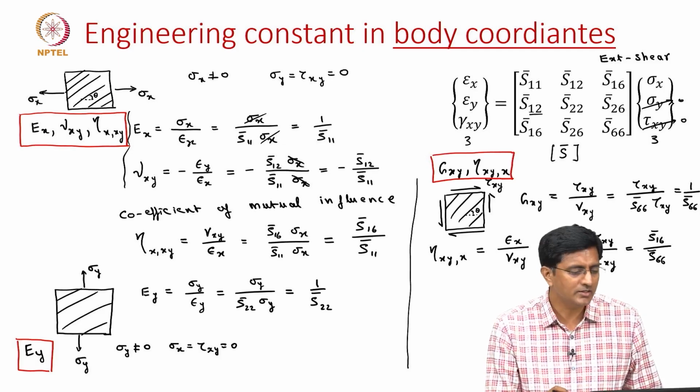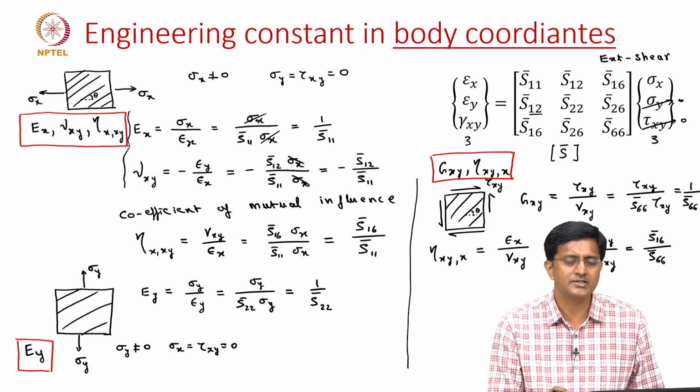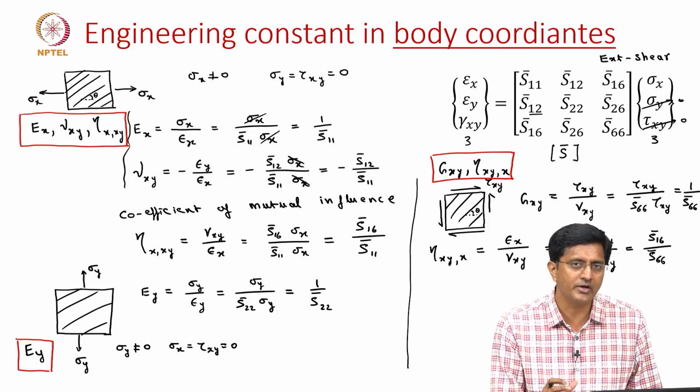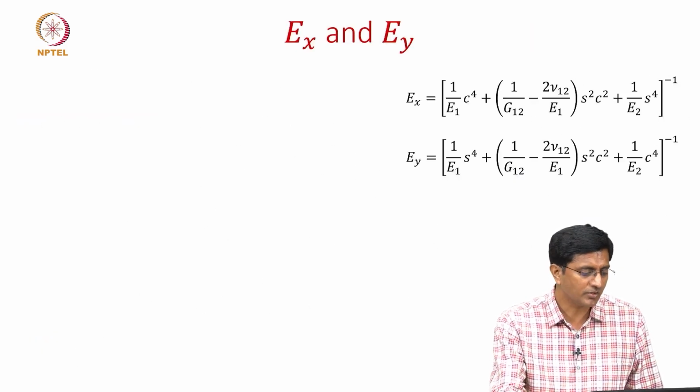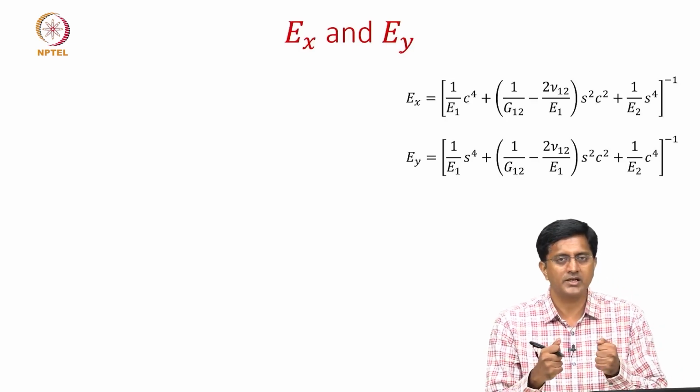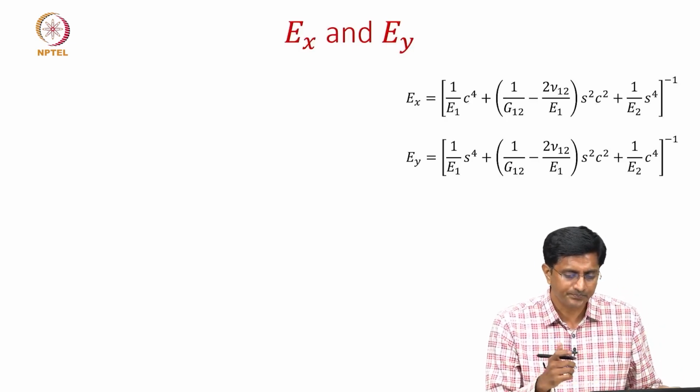Now that we have defined these engineering constants, let us look at a few examples to get a physical feel about how these values vary with the orientation angle theta. For this we will start by looking at Ex and Ey, which are the stiffness in the directions x and y.